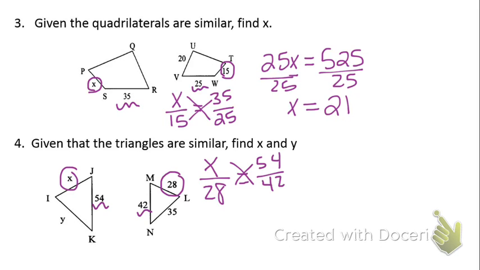Again, we cross multiply, so 42x equals 54 times 28, which gives us 1512. And if we divide by 42, you get 36.